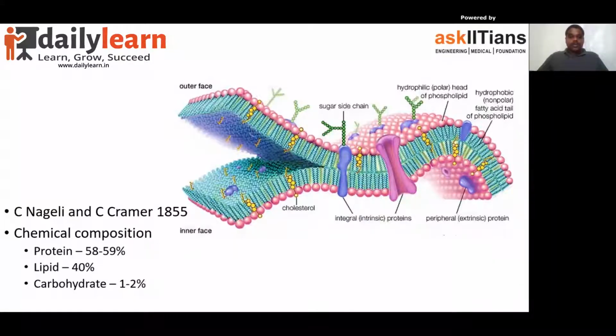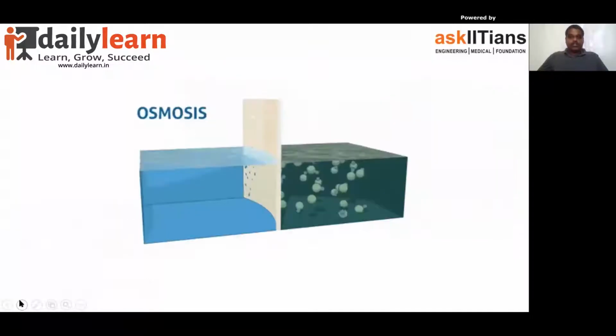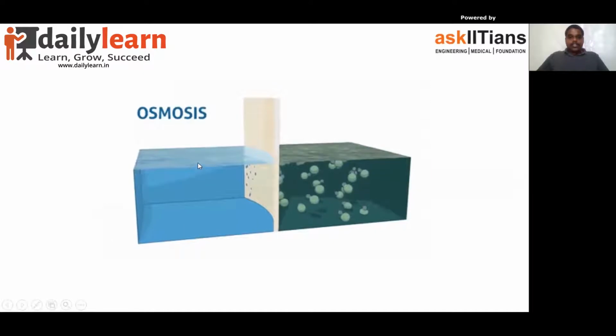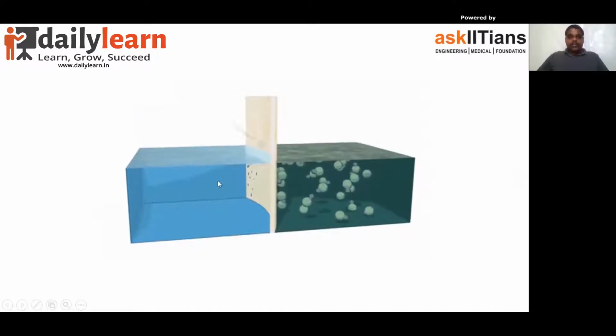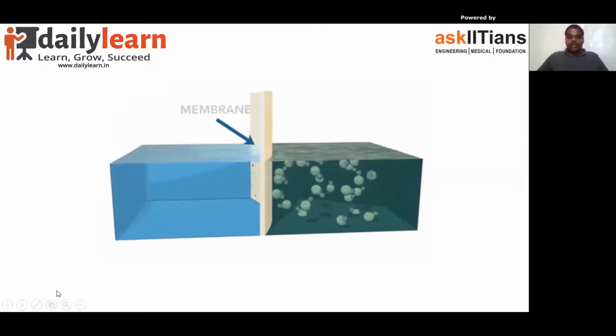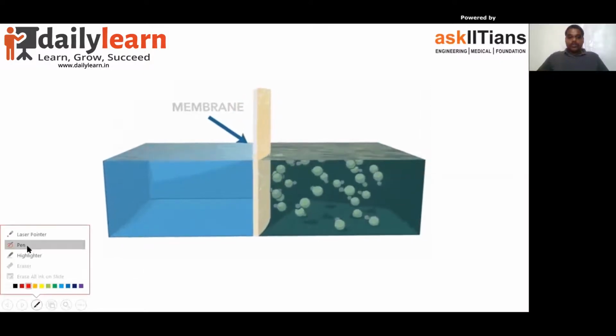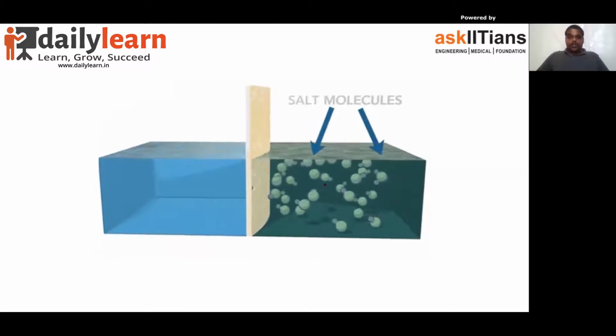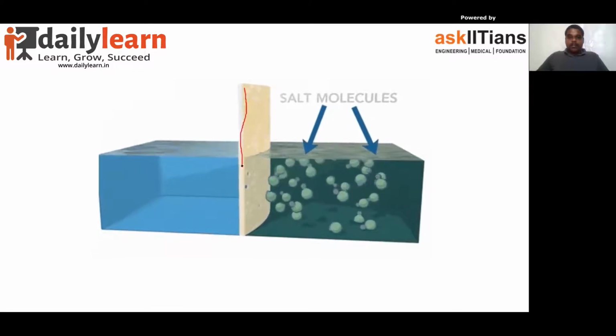So let's see a short GIF to help us understand the concept of osmosis. Here you can see in this container, this side has water and this side has water which also contains salt molecules, and in between we have a plasma membrane.